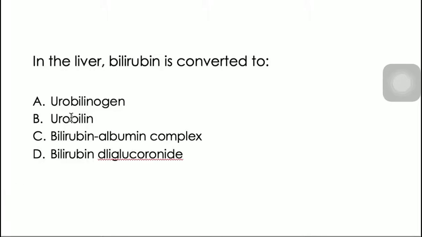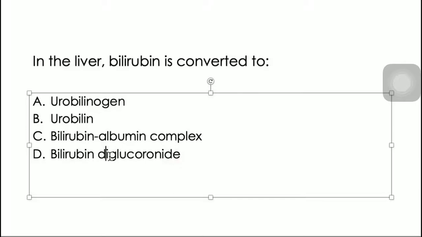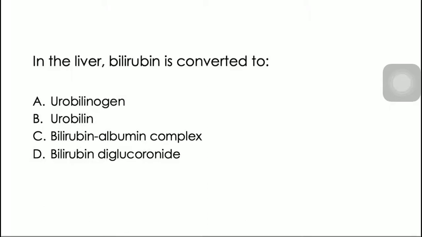And then, they will conjugate nga po yung bilirubin to your bilirubin diglucuronide. No? So, correction po natin dito, it should be bilirubin diglucuronide. So, for the spelling, or your conjugated bilirubin. No? So, we have letter D, bilirubin diglucuronide.